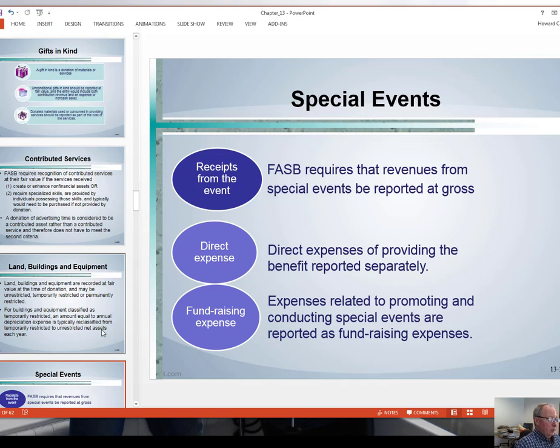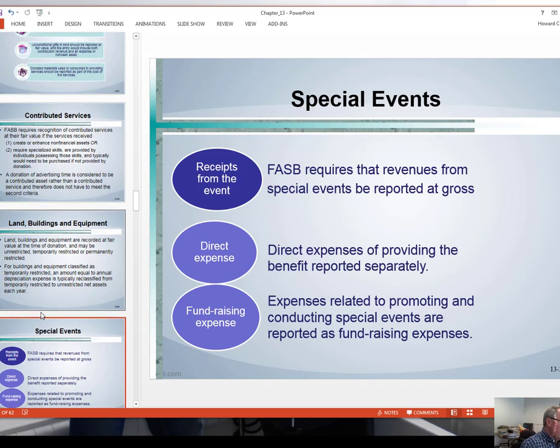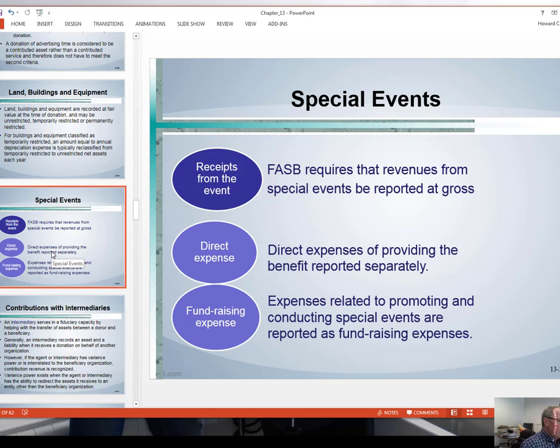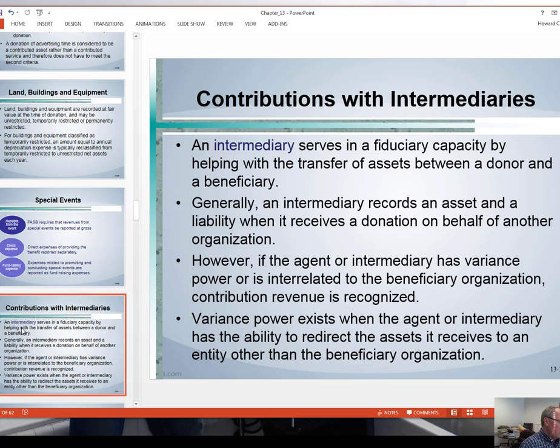You can see donors and contributors are really sensitive to the level of funding for support activities like management and fundraising. So the default is you've got to have certain requirements met in order to count any of that as program-related direct expenses.